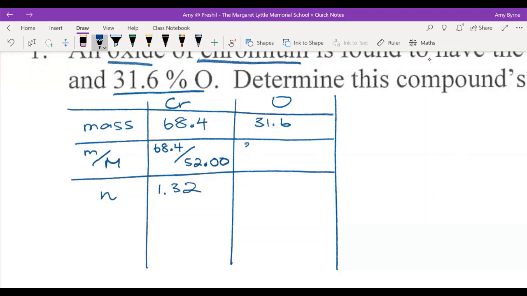For oxygen, it's 31.6 divided by 16.00. 31.6 divided by 16 gives us 1.975. Now, it does not make sense to have 0.3 of an atom. So what we need to do is convert these to ratios.